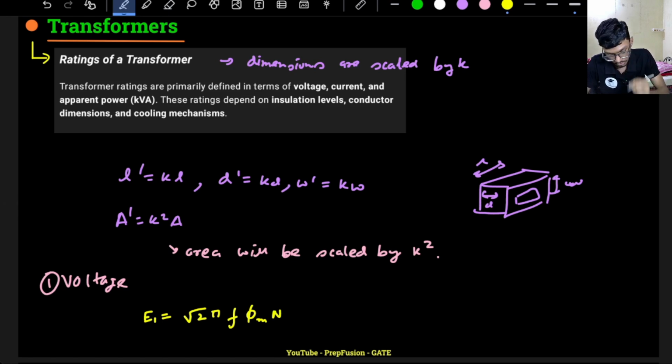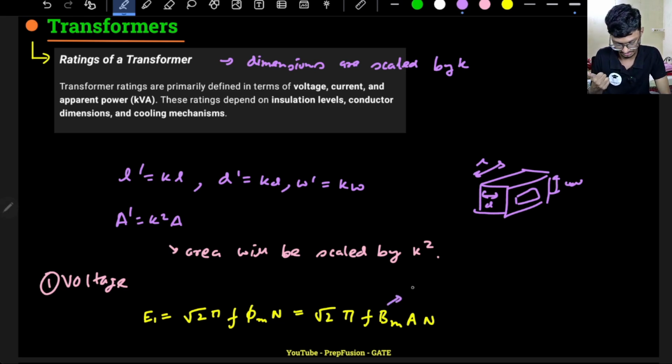So what is phi m equal to? Phi m is equal to root 2 pi f Bm into area into N. Now the maximum flux density that a material can support is fixed, right? So all these are fixed. Frequency depends on the supply, and the number of turns is constant.